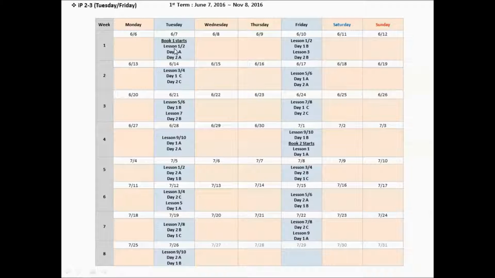For the intensives, they're going to study for 3 hours a day, which means that they're going to cover 2 days in one class. So you can see here, we have 2 days. They're studying lesson 1 and 2. On this operation plan, that means that they're going to be studying day 1A and day 2A, all on June 7th.